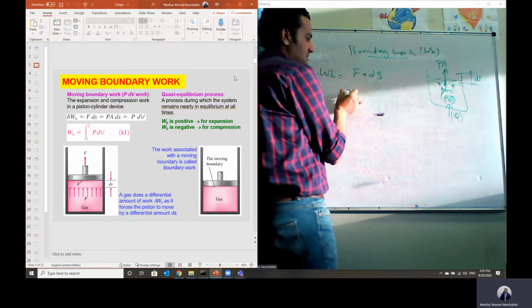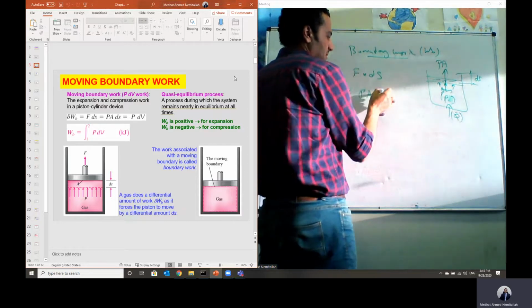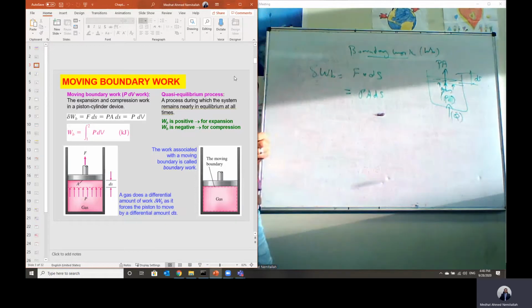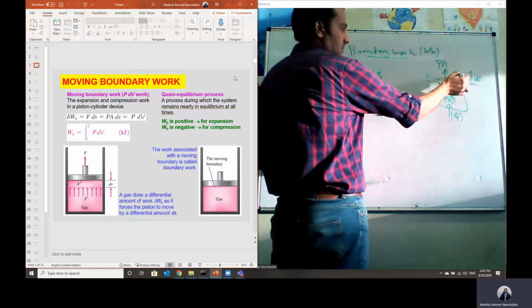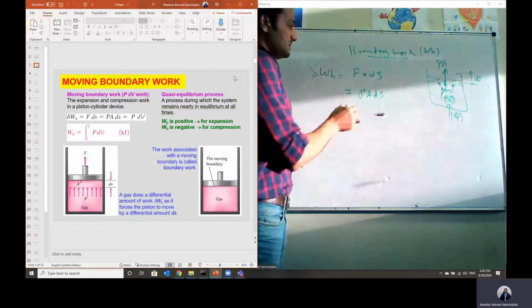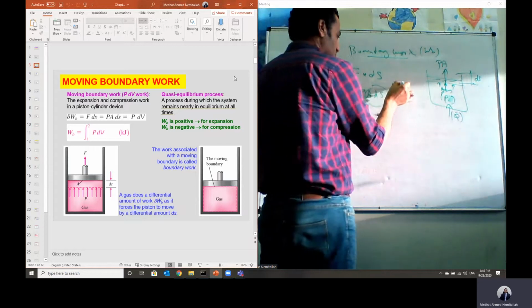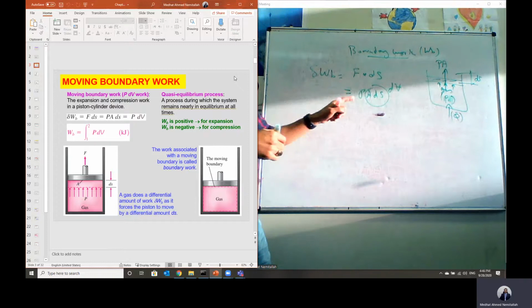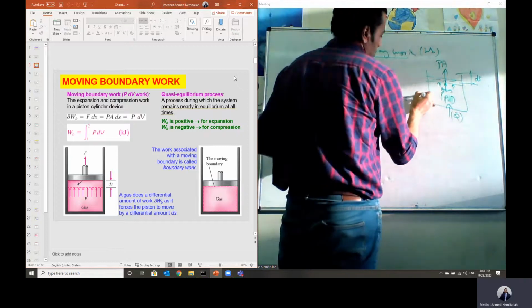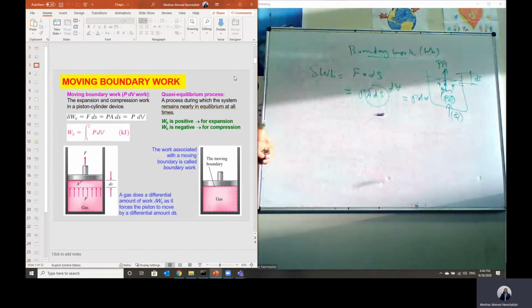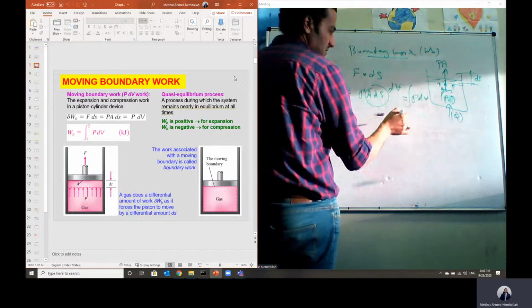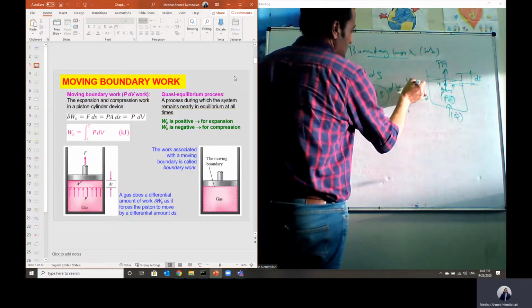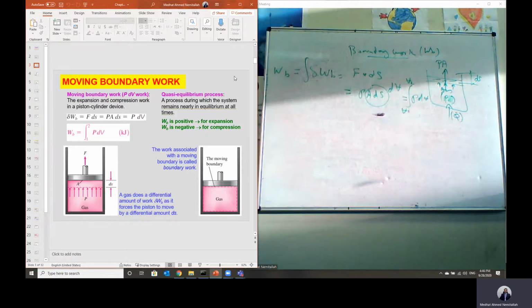I think we have done this. Force is equal to pressure times area, and this is multiplied by delta S. The cross-sectional area multiplied by the distance delta S we call the change of volume, delta V. Then delta boundary work will equal the pressure multiplied by the change of volume delta V. To calculate the total boundary work, we have to integrate PdV from V1 to V2.